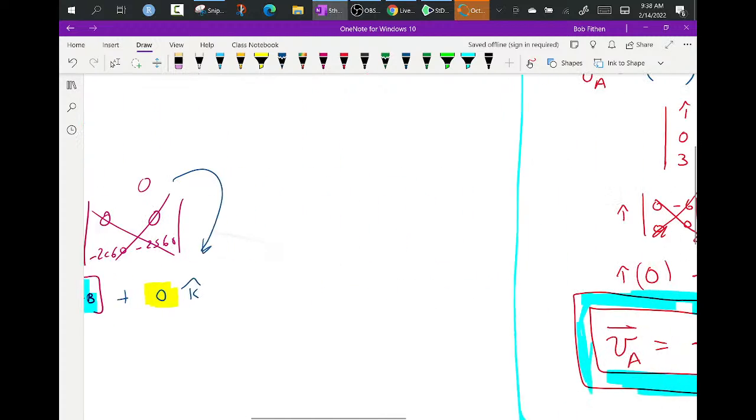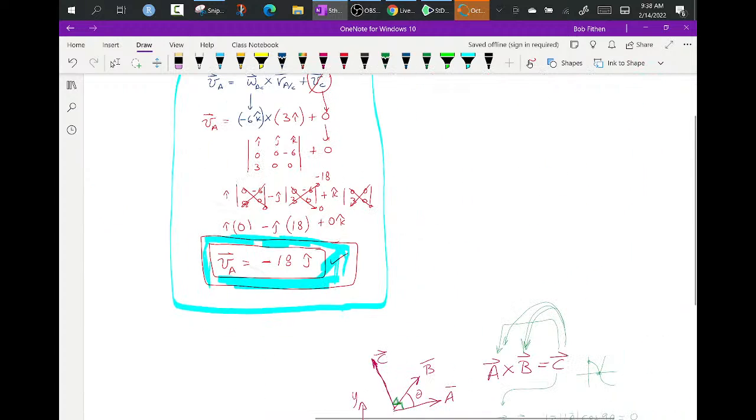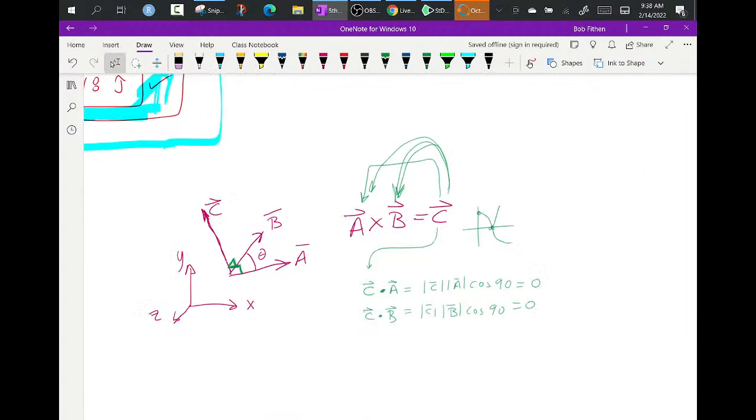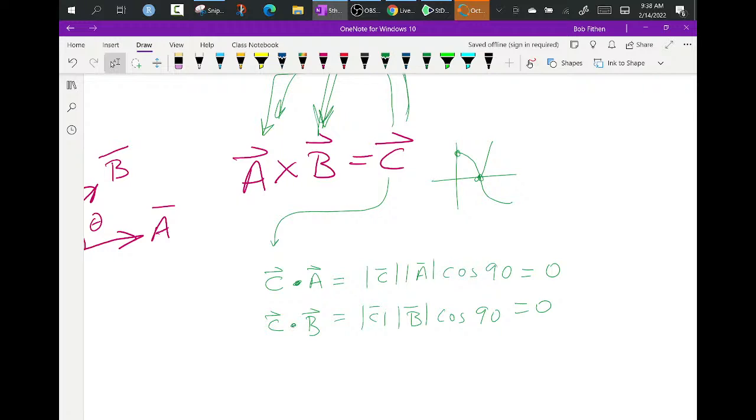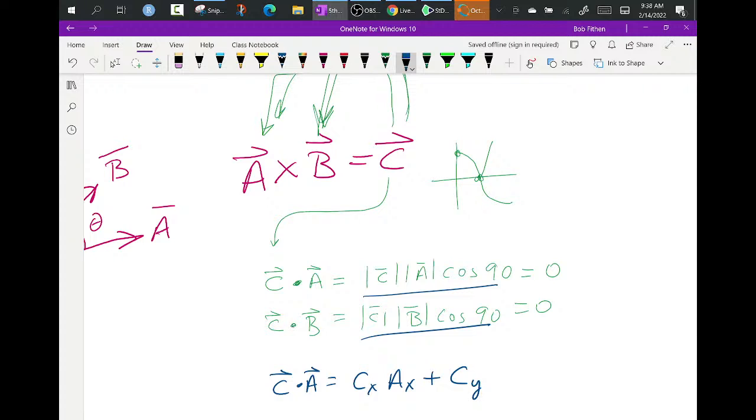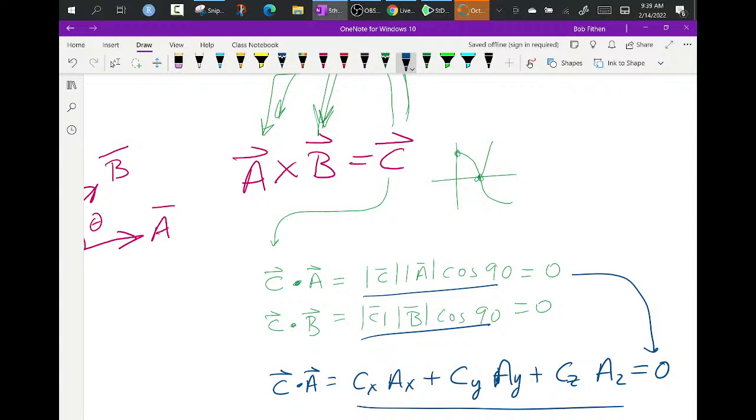If you don't have the angle, then A dot C would be CX AX plus CY AY plus CZ AZ. And that, believe it or not, is going to be 0 if these vectors are 90 degrees apart.